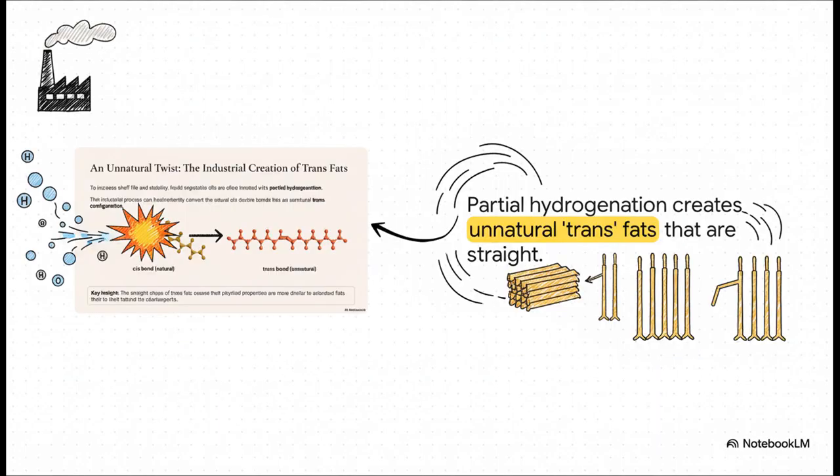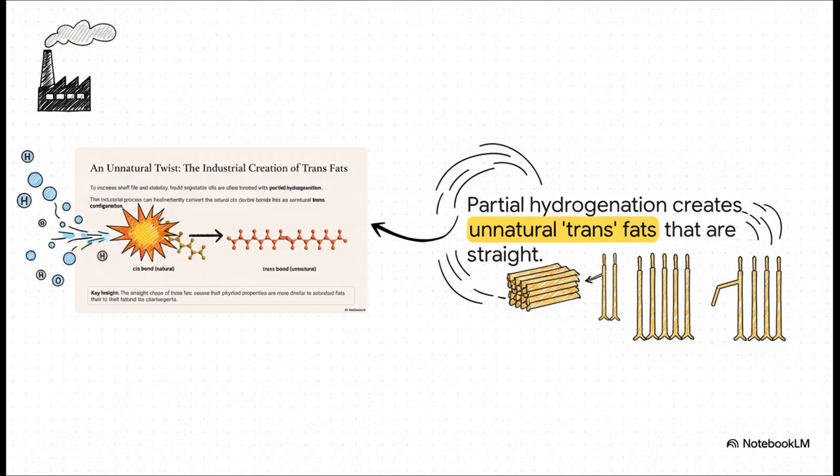But then, modern food science came along and introduced an unnatural twist. There's a process called partial hydrogenation used to make liquid oils more solid and stable. But sometimes this process can accidentally flip the natural kinked cis bond into an unnatural straight trans configuration. So what you end up with is an unsaturated fat that's shaped like a saturated fat.